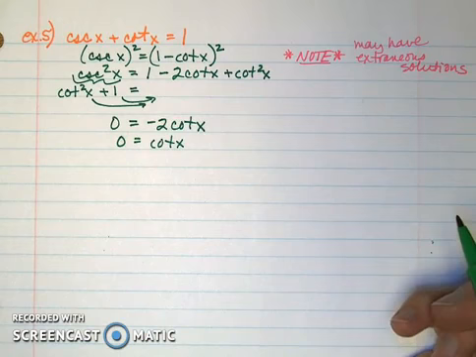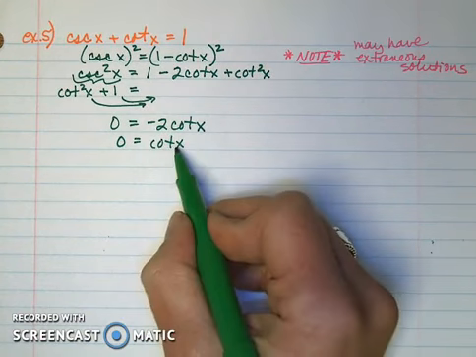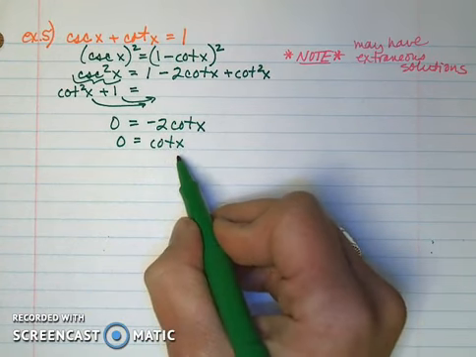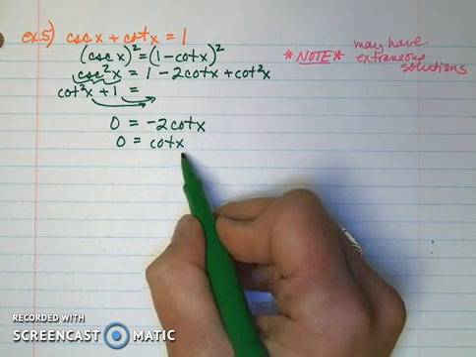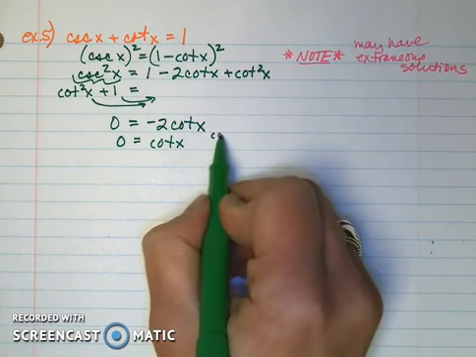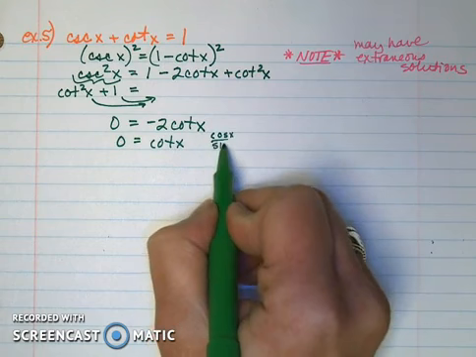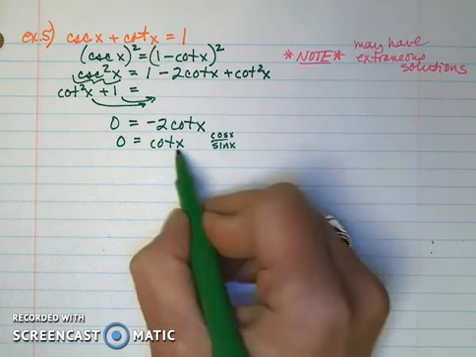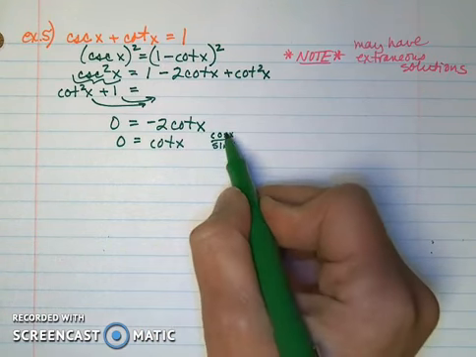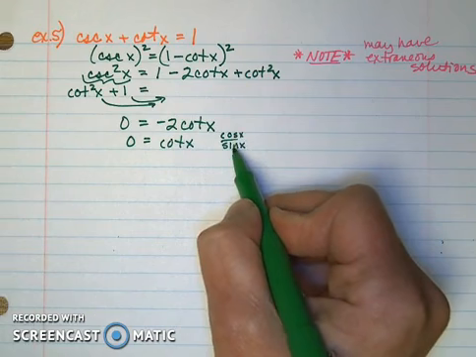Well, remember that cotangent is cosine over sine. Where does cotangent equal 0? That means cosine has to be 0 and sine has to be 1.